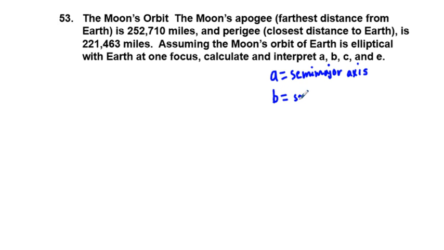It's going to be our semi-minor axis. If we find what the minor axis is and divide that minor axis by 2, we get our semi-minor axis. C is our focus distance from the center of our ellipse.